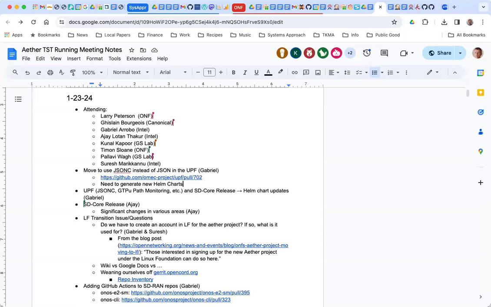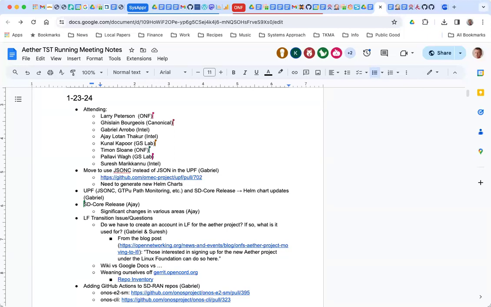This is going to be a problem as soon as we merge this code. It's going to be a problem if somebody wants to use the latest UPF with the current Helm charts. That's when the problem is going to happen. Yes, correct. But a regular user that just deploys Aether on ramp or Aether in a box will not see any difference in the Helm charts, they're not going to see any problem. Yeah, that's true.